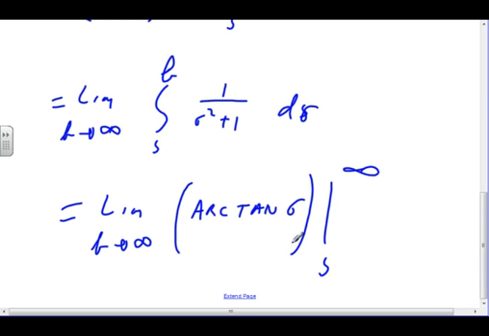Is that right? Again, if I had my tech math book with me, I could look up the integral of the arc tangent. I'm pretty sure that's the case.